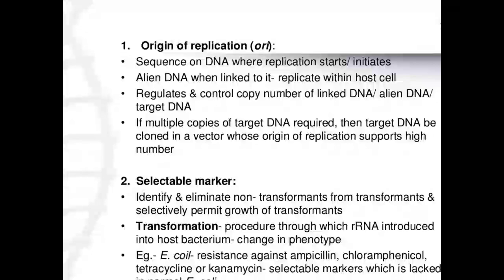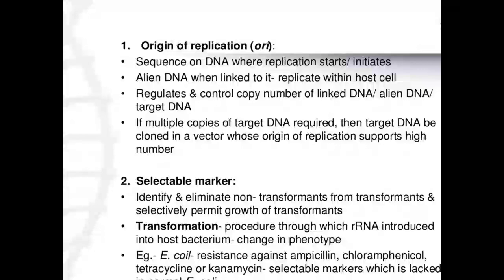Selective markers identify and eliminate non-transformants from the transformants. So it is used to differentiate the transformant and the non-transformant. It selectively permits the growth of the transformant only. There is no requirement for the non-transformant here. So only transformants have to grow, and that is why a selective marker is used.